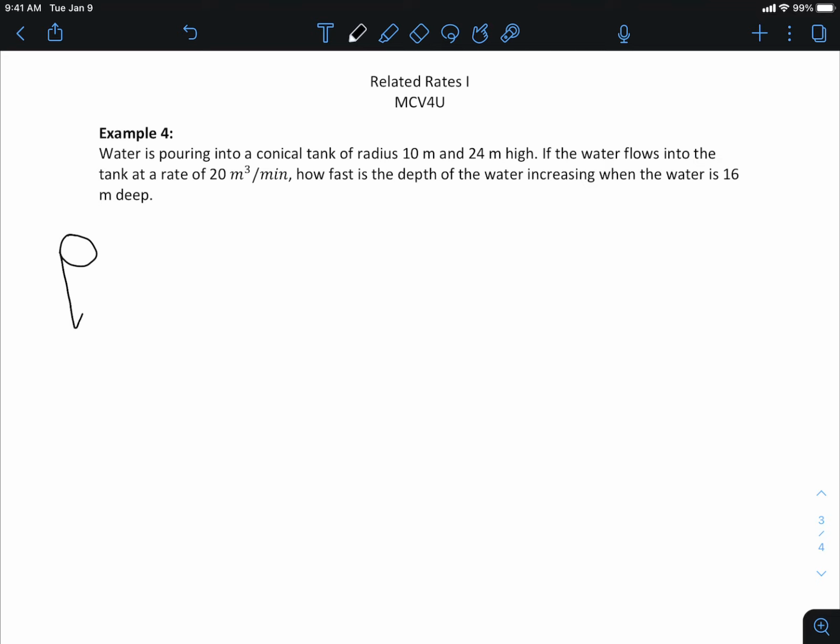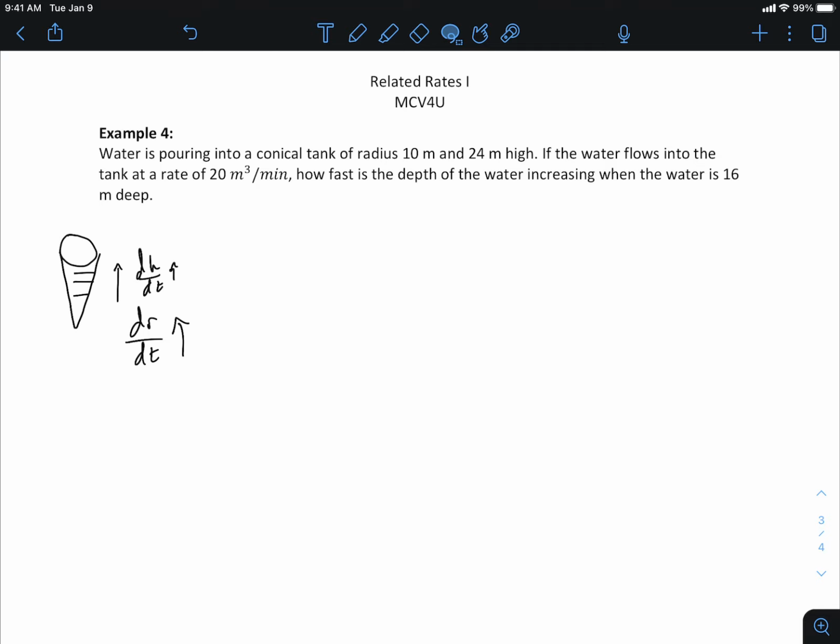As the water level in the cone rises, so as dh/dt increases, we also have the fact that the radius, dr/dt, also increases. Unless you're provided with this information, that's what makes this question a bit more difficult, because you've got two things changing at the same time.